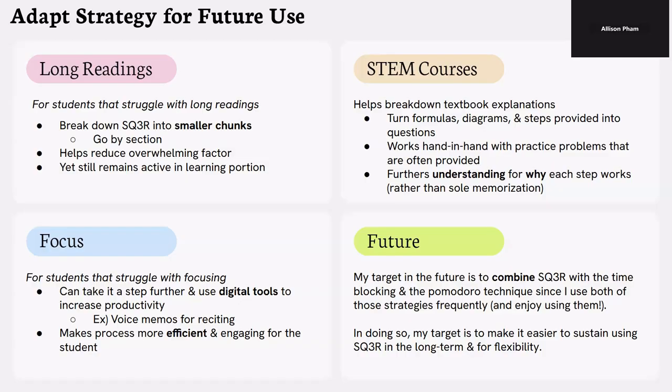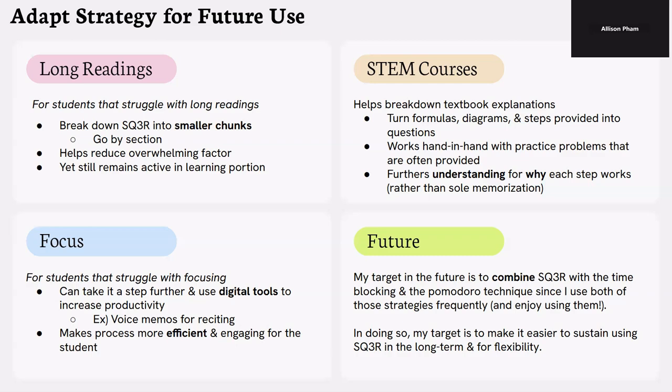There's apps as well as just regular voice memos that are provided on phones and also laptops. And lastly, my target in the future is to combine SQ3R with other methods that I use, such as time blocking and the Pomodoro technique. For time blocking, I typically like to not allocate too much, like in terms of every single hour of the day, but having key sections off.